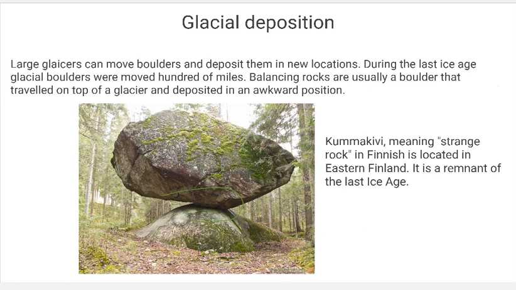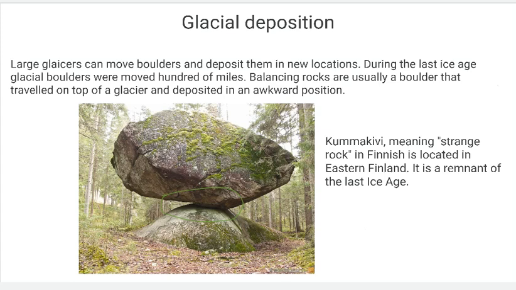Look at how it's deposited. That's a huge boulder on top, and the rock at the bottom is pretty big. It has a pretty round surface, so it's a little easier to balance. But even if we had a super powerful crane, it would be hard to get these to balance correctly. There are so many examples of glacial deposition of these rocks moving and creating these awkward and amazing balancing boulders.